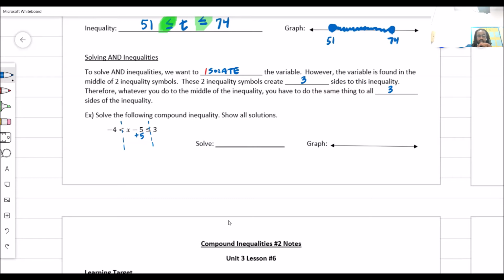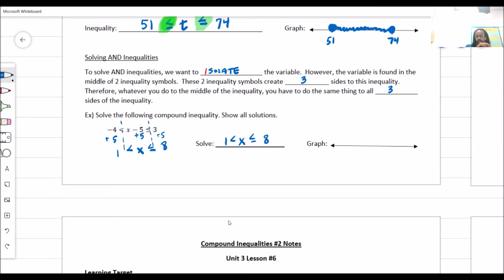I make sure I do it to all 3 sides of this inequality. So negative 4 plus 5 is 1. Sign stays the same, x, sign stays the same, 8. So now I've solved it as x is greater than 1 and less than or equal to 8.